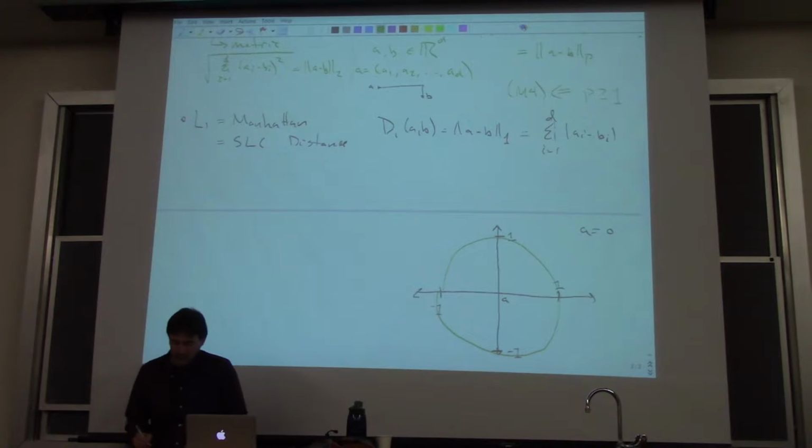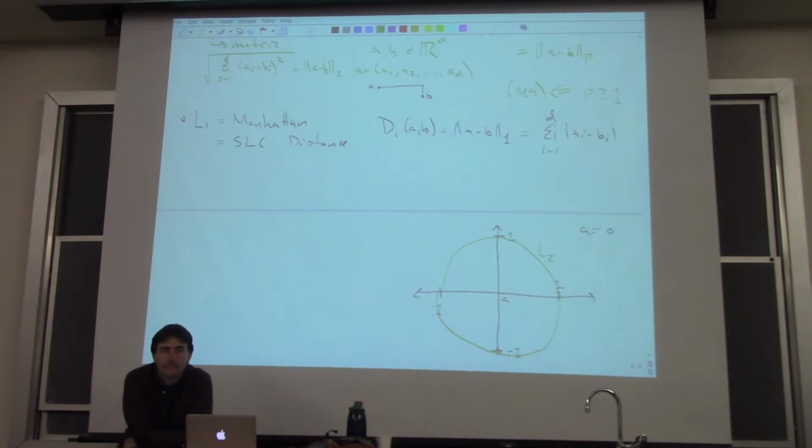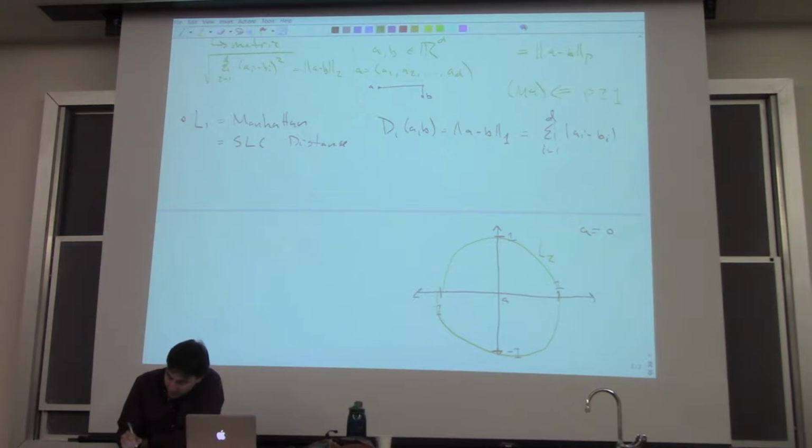What is going to be the picture for the L1 distance like? What does the unit ball correspond to for the L1 distance? Square. Well, it's like a rotated square. What is the distance from this point right here?